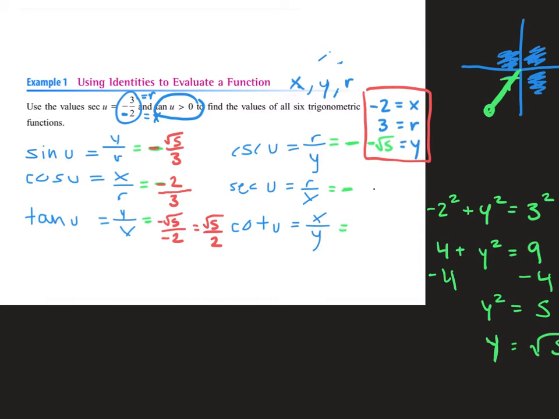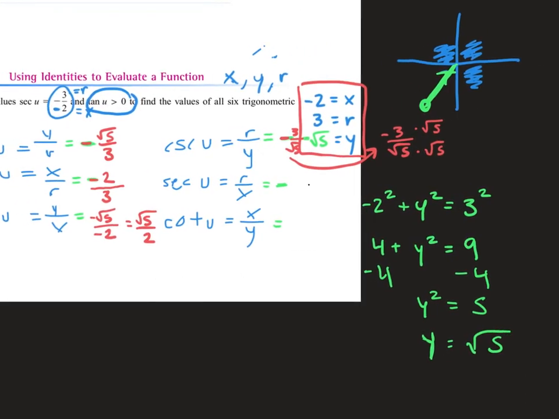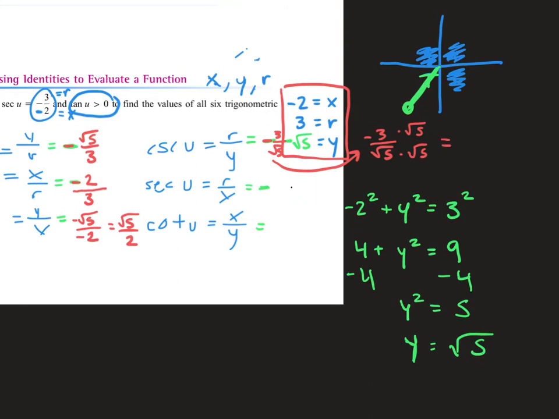All right, cosecant. Cosecant, we just flip sine. So this would give us negative 3 over square root 5. How can we simplify this? Multiply the top and the bottom by square root 5. So what does this give us?